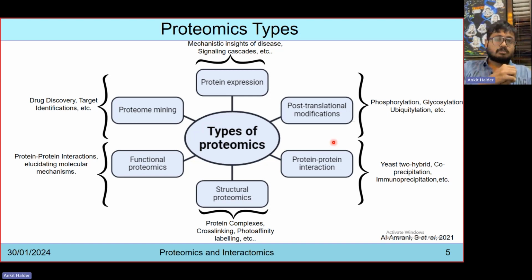Protein expression profiling is again very important and needed for understanding any disease condition, to have a better view of how the disease is progressing.